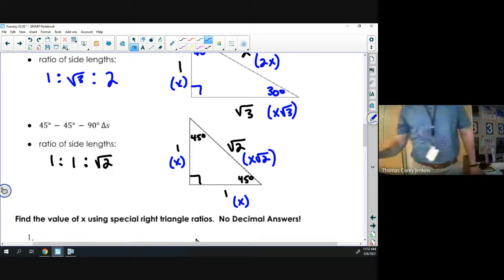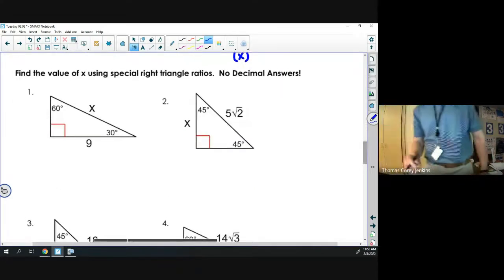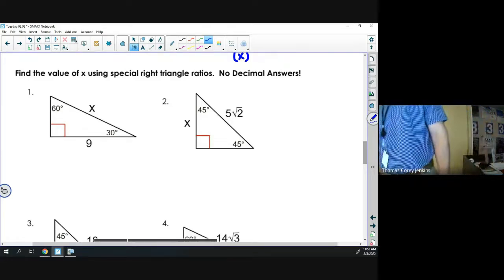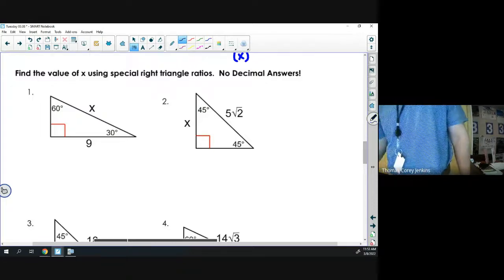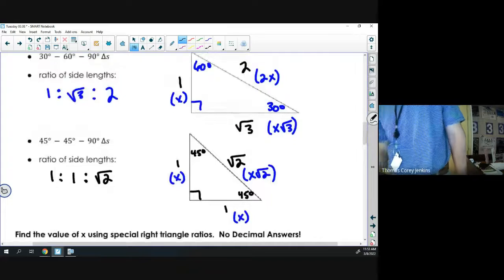All right, so that's what we're going to be focused on in our last kind of example or so, and then I'll give you a little bit of a worksheet where you could try. Okay. All right. So first of all, make sure you're using the right diagram, and then we basically want to set up a proportion from there. So in number 1, we are looking at the 30, 60, 90, right?